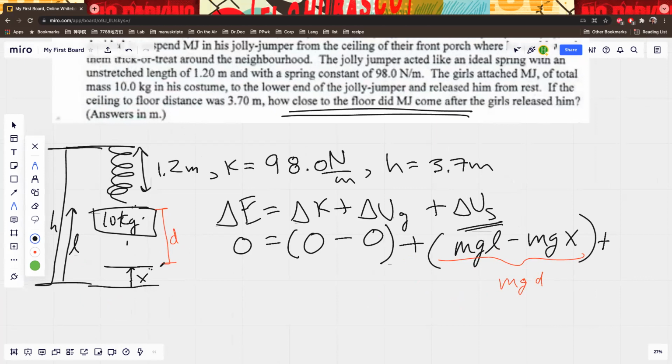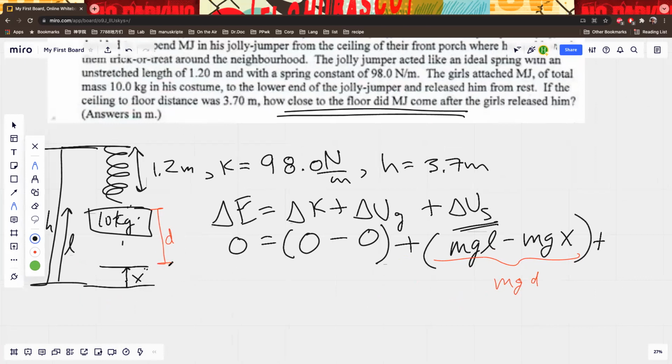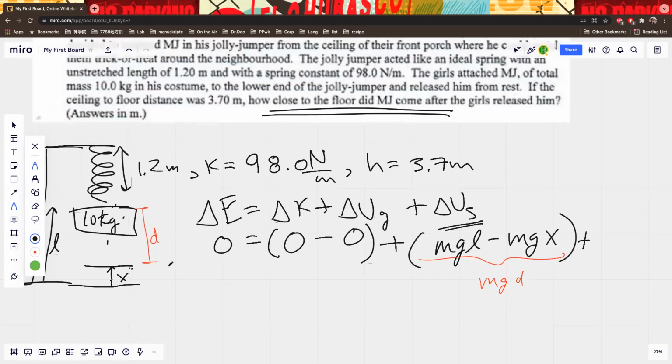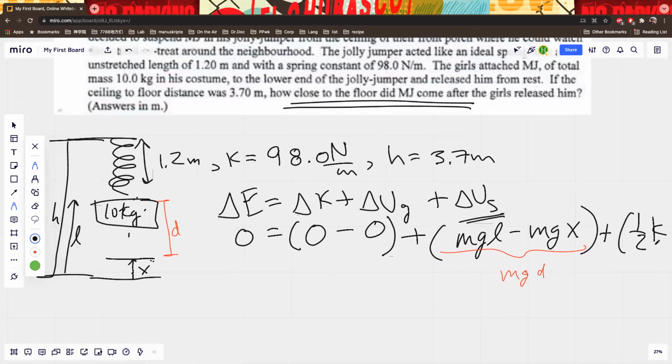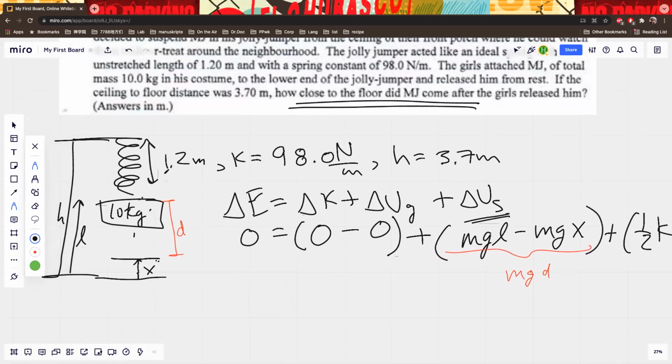For final, it would be the height of the building minus L, or D plus X. Oh wait, the spring starts at equilibrium. Even better, it's H minus 1.2.